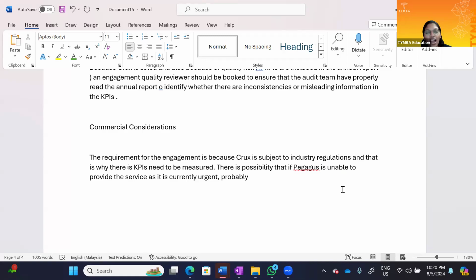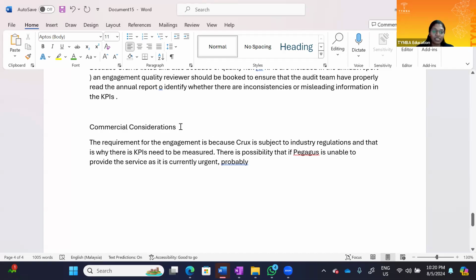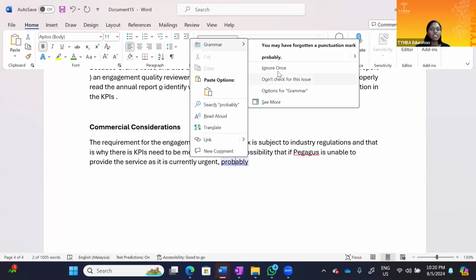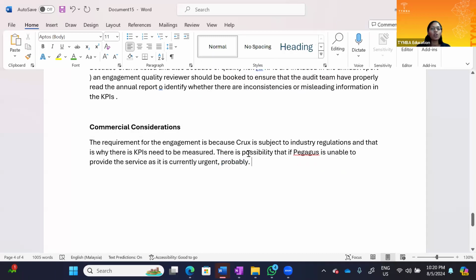So they go and ask us to help them out because we are the auditor and we probably can do the KPI service and advise them. Now if it is urgent, and if you don't want to help them when they are in need, what do you think they will do from commercial perspective?